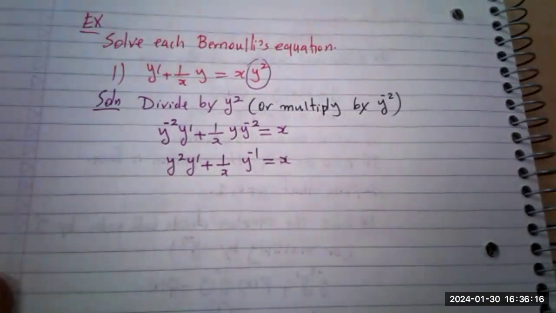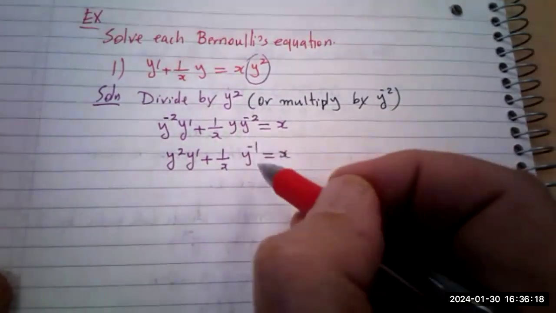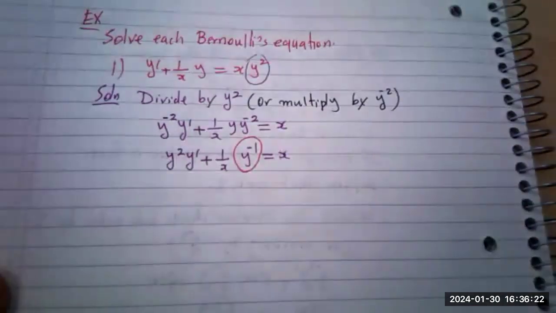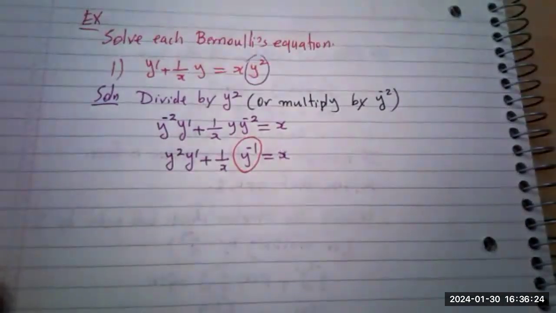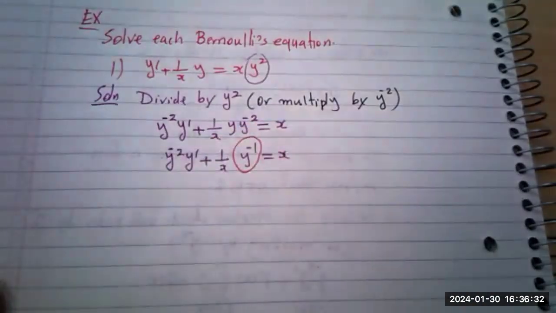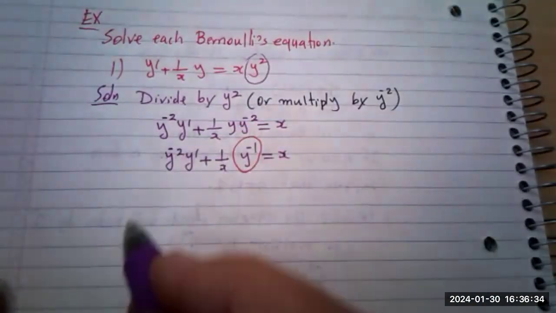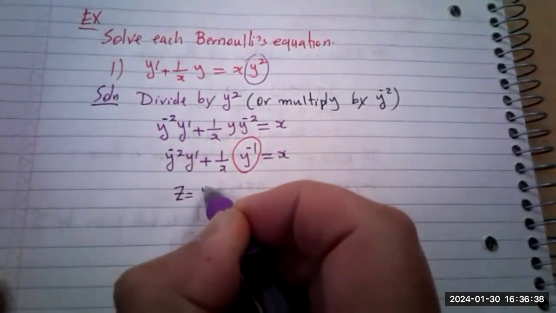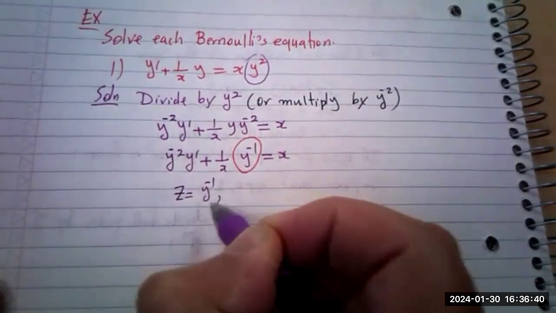So whatever you got over here, this is the one that we are going to call z. Next step: you take z to be y to the negative 1, and you find z prime. So z is equal to y to the negative 1.